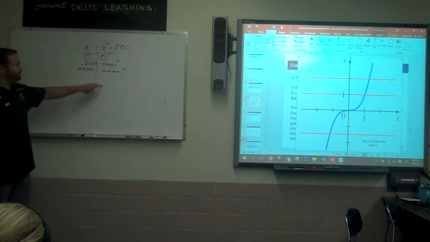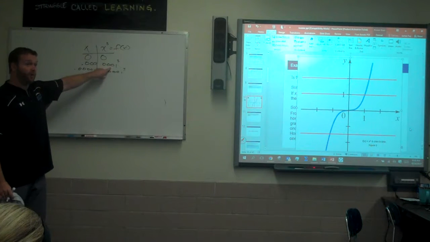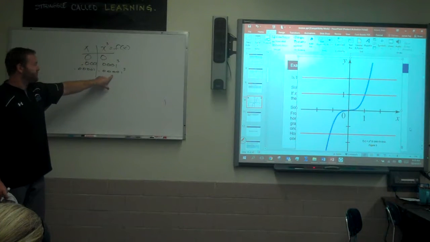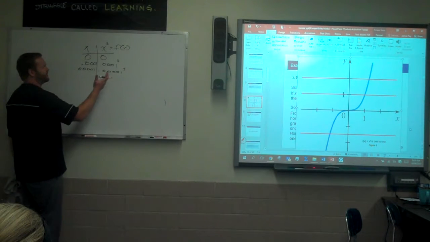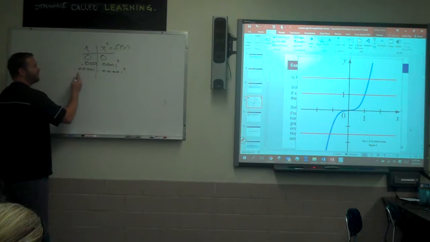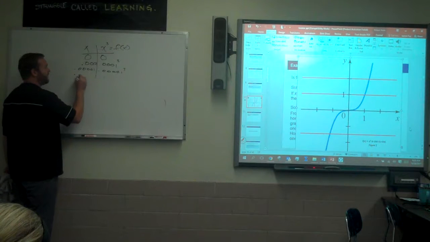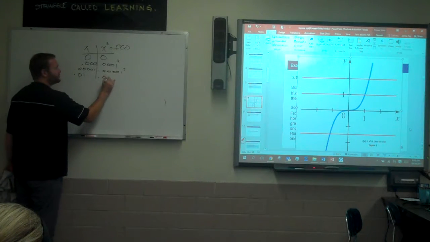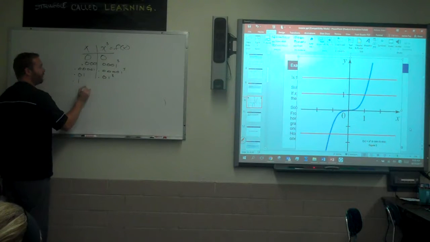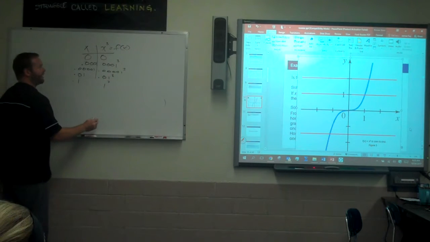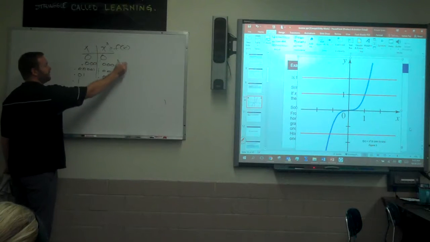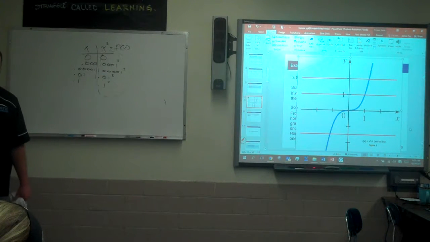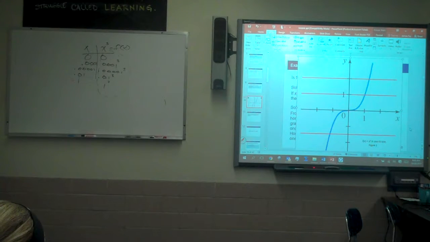This is going to be a very small number, but that one's going to be even smaller, correct? That's getting closer and closer to 0, but if I start moving away from 0, maybe 0.01 cubed, 0.1 cubed, all those y values are going to be different. They're not going to be the same.